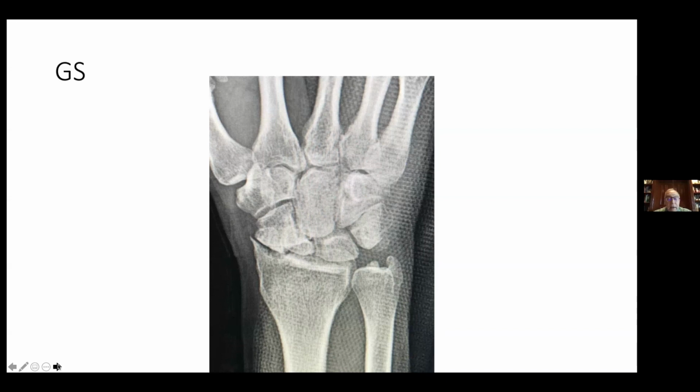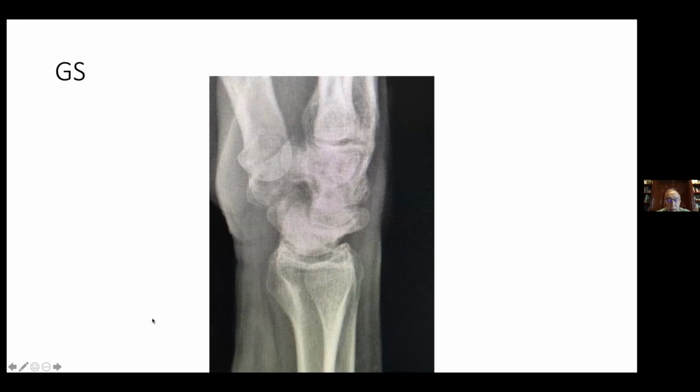Yeah, so an ununited scaphoid fracture and arthritis here with beaking of the radial styloid and loss of articular cartilage. And here again, you can see the DISI, a high scapholunate angle. So what do you want to do?